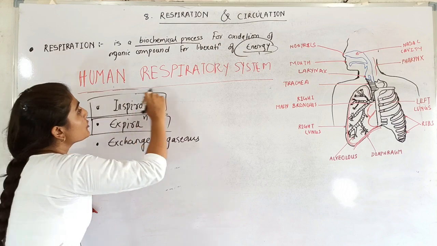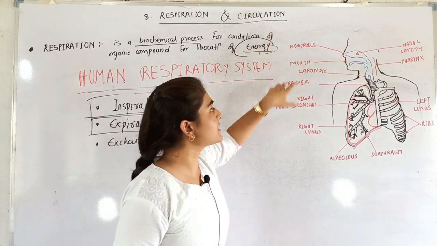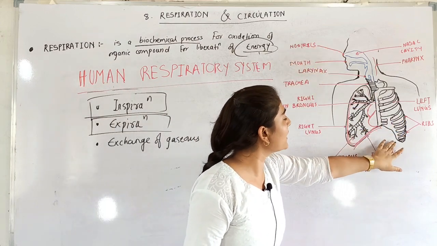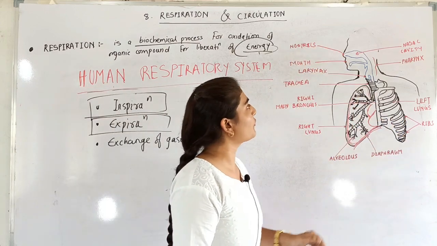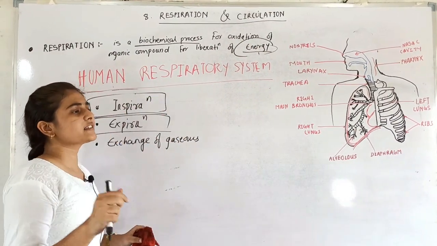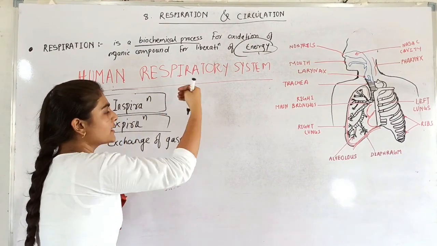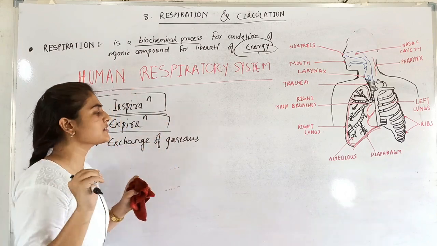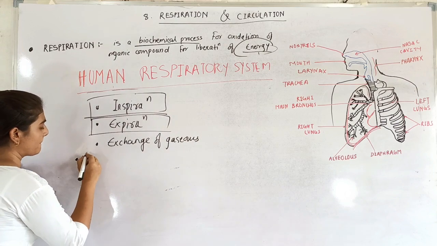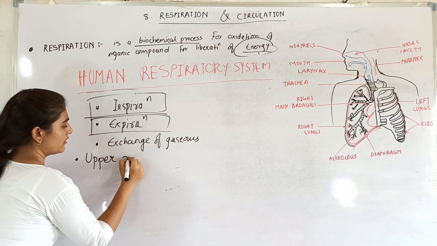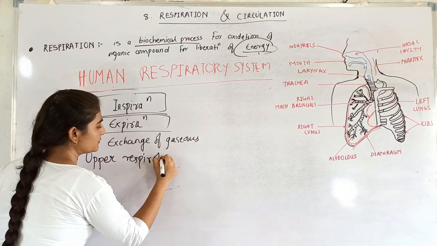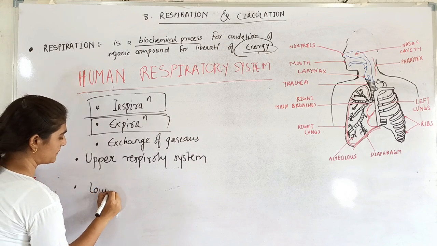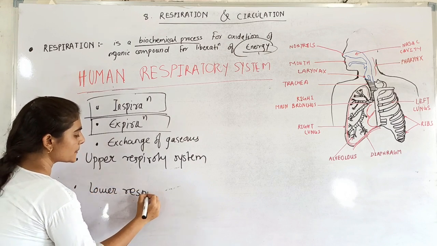For studying the human respiratory system, this is the human respiratory system with its organs, and I will provide you the description of it. The human respiratory system has 2 main parts, which include some other sub-organs: the upper respiratory system and the lower respiratory system.